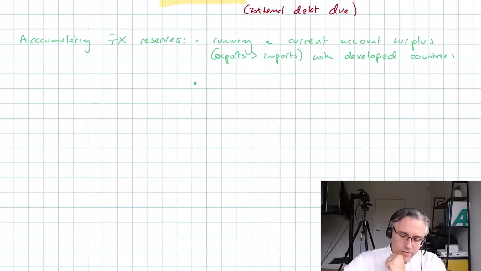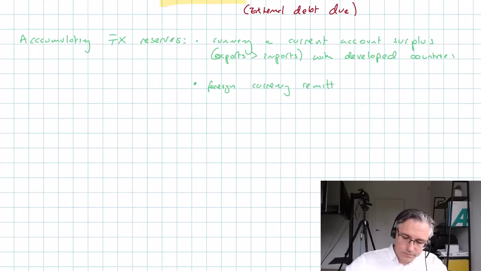Another way to get your hands on foreign currency is to have foreign currency remittances. So transfers back home coming from citizens working abroad.